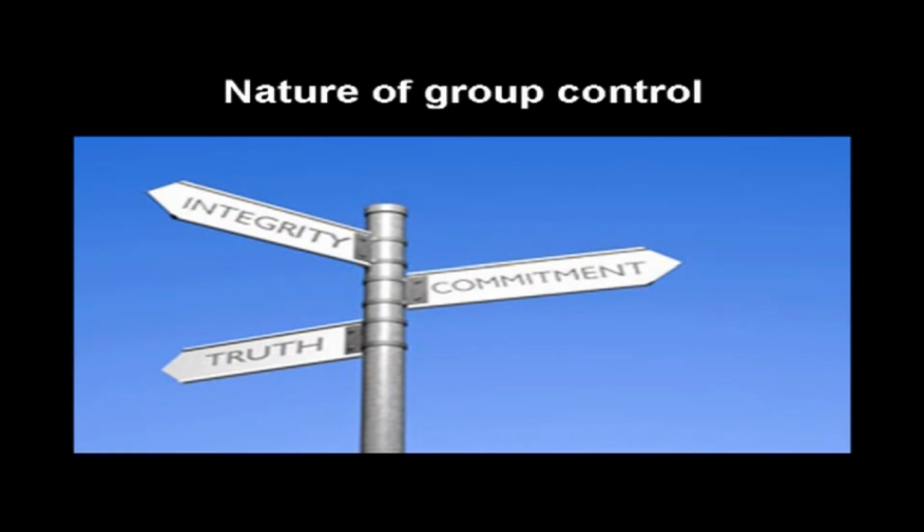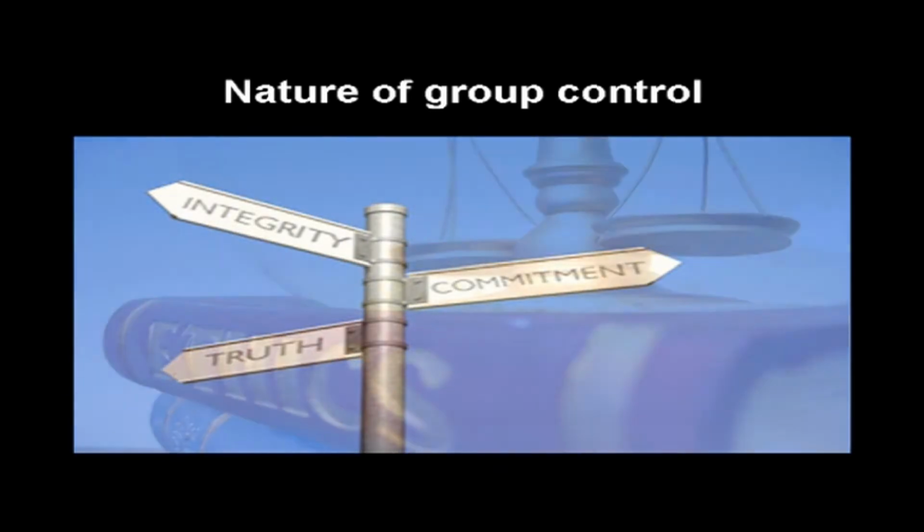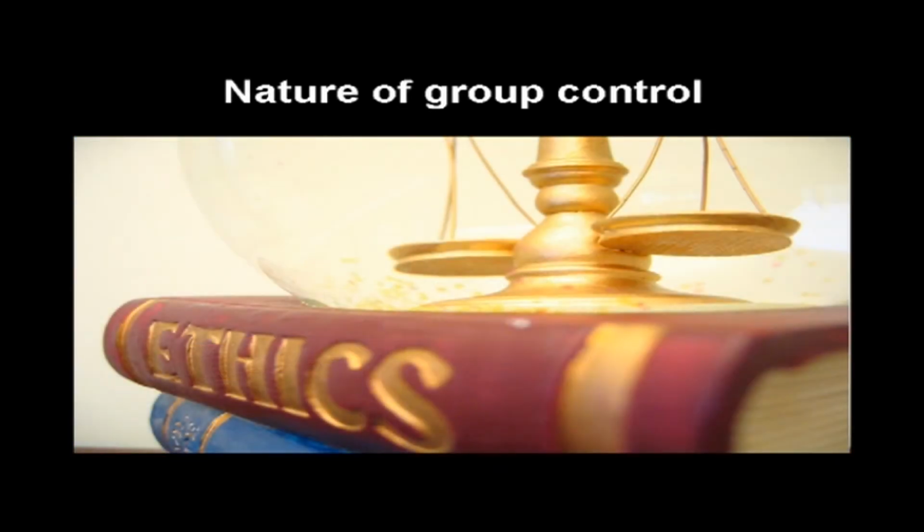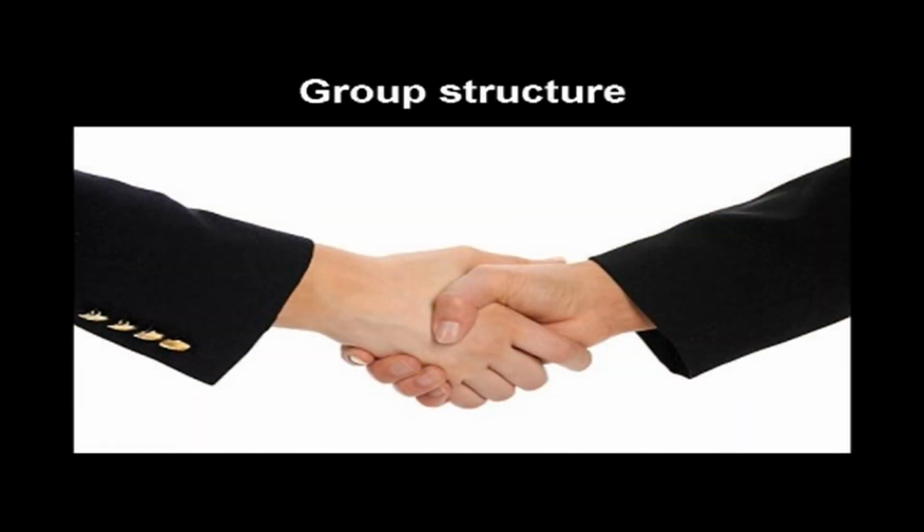5. Nature of group control. Formal rules control the activities of the secondary groups and their members. The group is regulated by a formal written code of ethics. 6. Group structure.